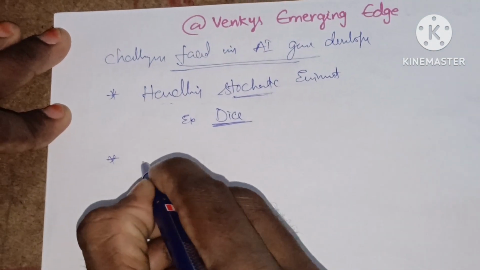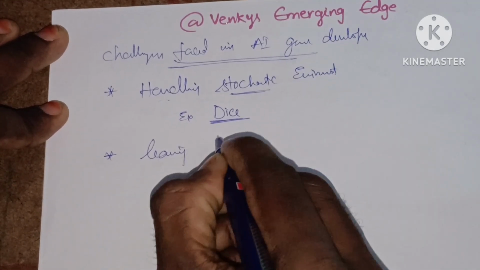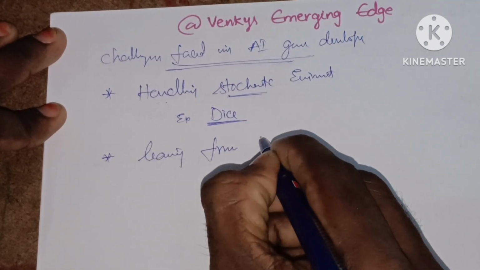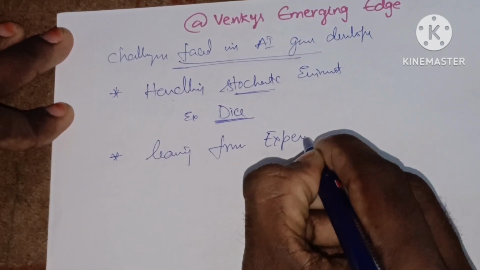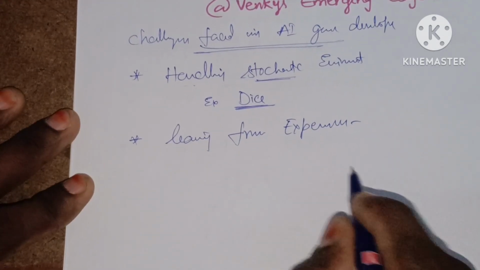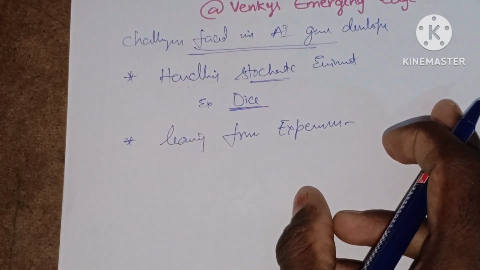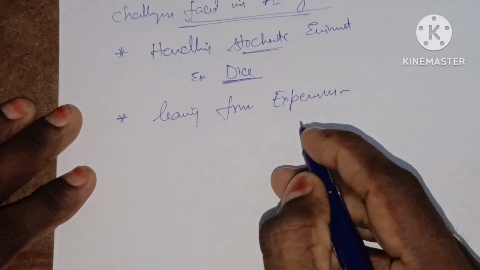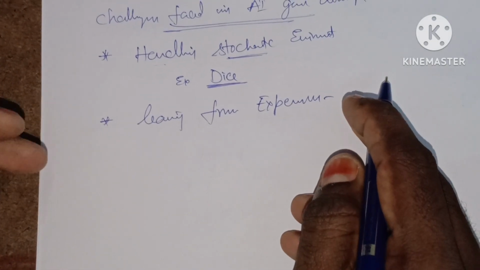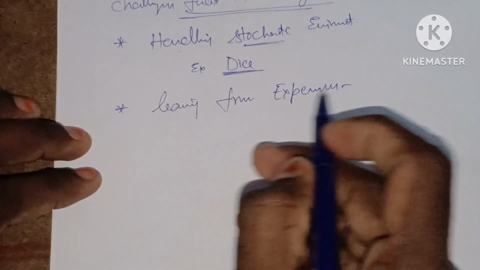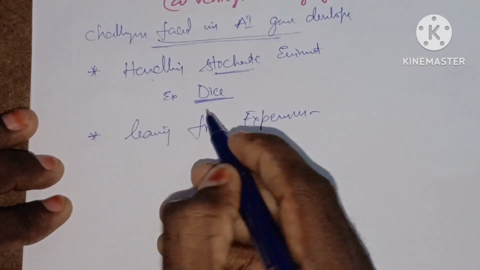Next one is that some games learn from environment or experience. Those are called learning agent games. Sometimes they may fail, and based on feedback, we learn new things.